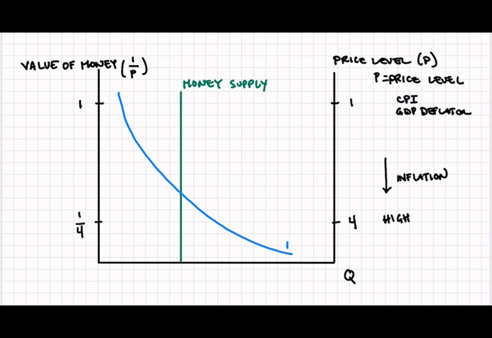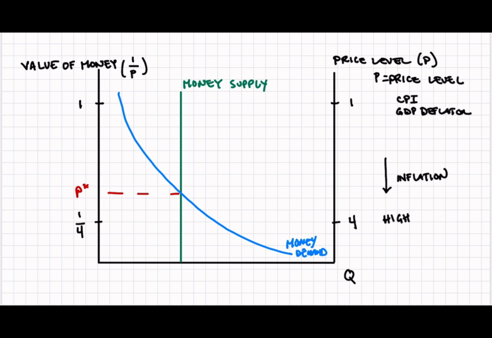So this is the money demanded, how much cash on hand people want. As the value of money is high, people want to have more cash on hand. If the value is low, people want less cash on hand. And so this is where we get equilibrium. So right here is going to be the equilibrium value of money.